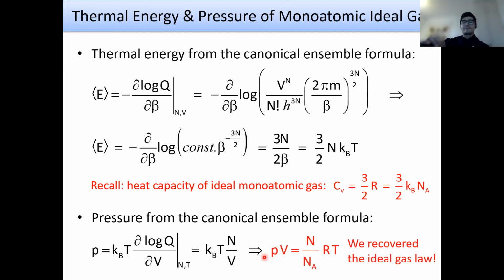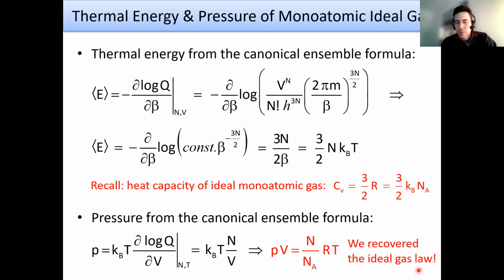All right, so PV equals n over N Avogadro times RT. Or equivalently, PV equals kB times number of particles times T. So we recovered the ideal gas law, again, from very simple arguments.